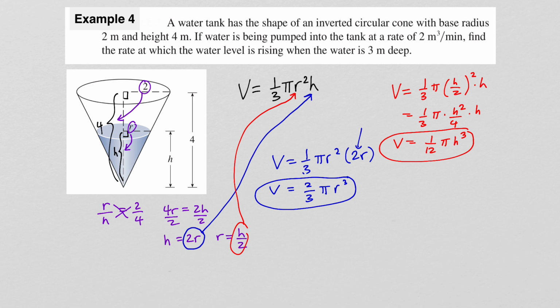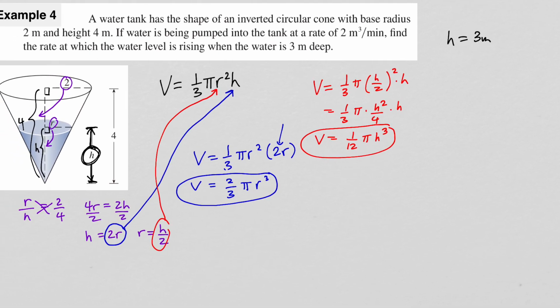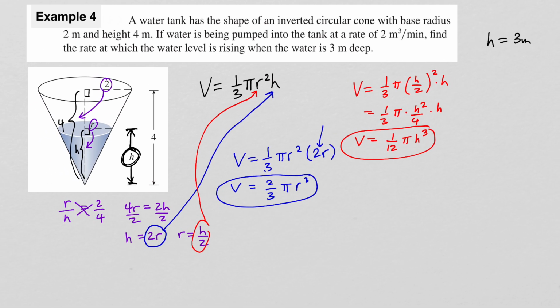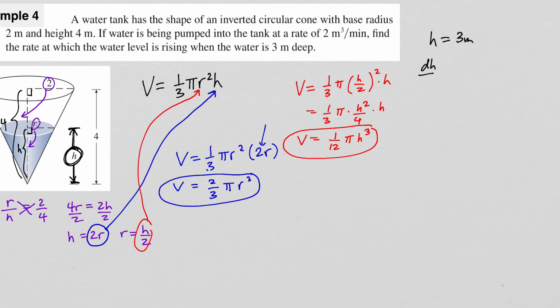They are giving us information about the depth of the water. That is this variable here. So they are telling us about h. So you can interpret this to say h is 3 meters deep, and you are looking for dh/dt, because you want to know how fast is the water level rising.